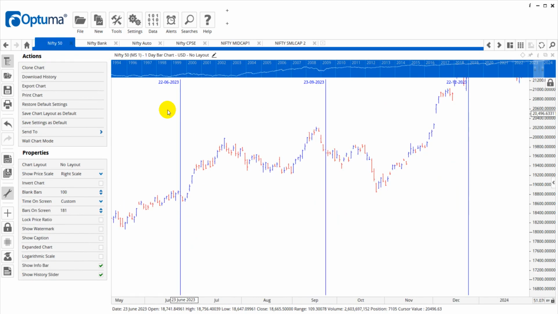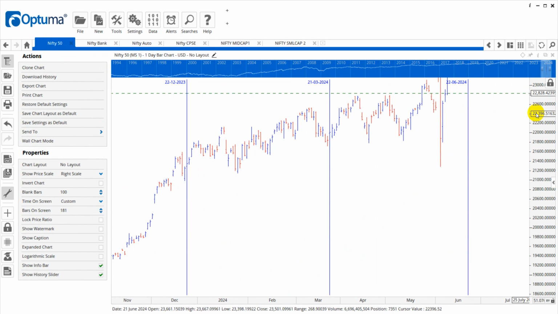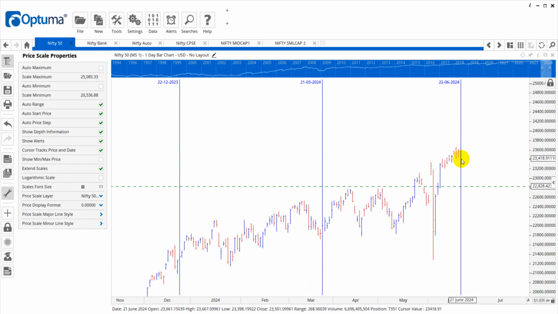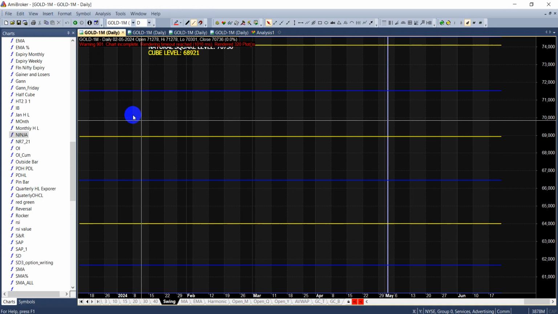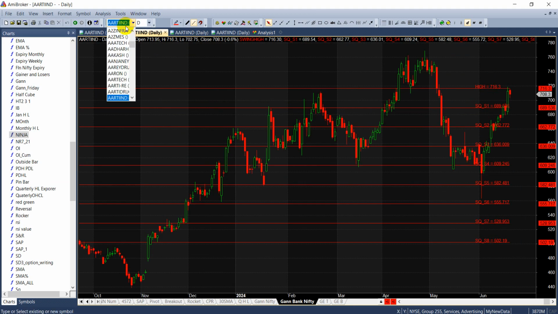Now coming to Nifty. See here what the market is doing. It has formed a perfect outside bar. Let me quickly show you on Nifty. We'll just focus on Nifty and Bank Nifty for the time being.